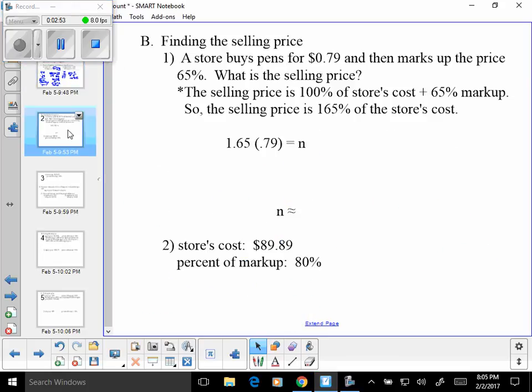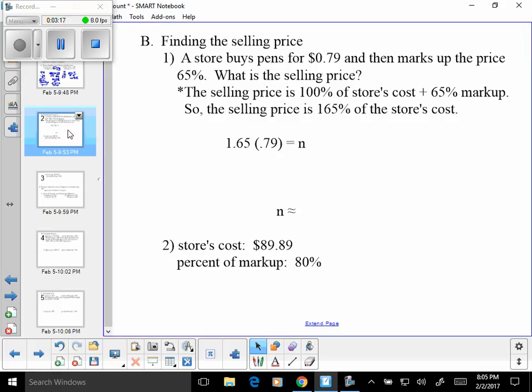Now, we're going to move on to the selling price. The store buys pens for 79 cents and then marks up the price 65%. We're going to figure out the selling price. How much will the sticker on the item say when you see it in the store?